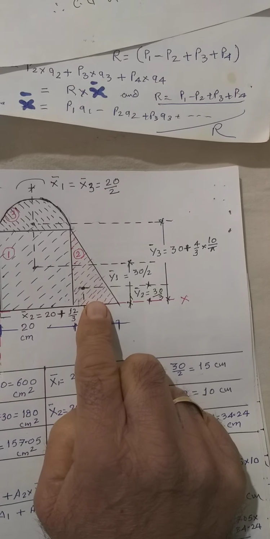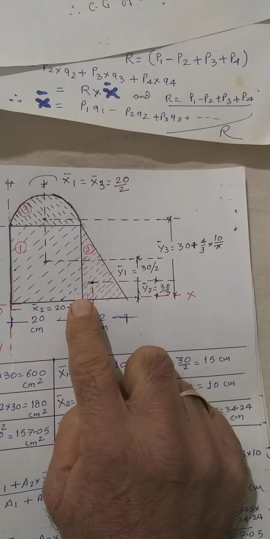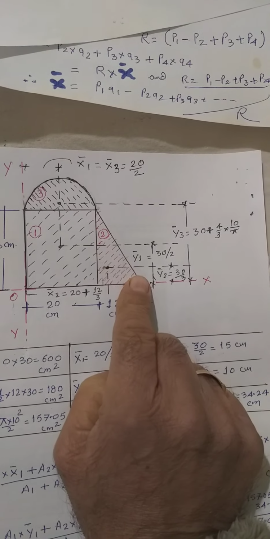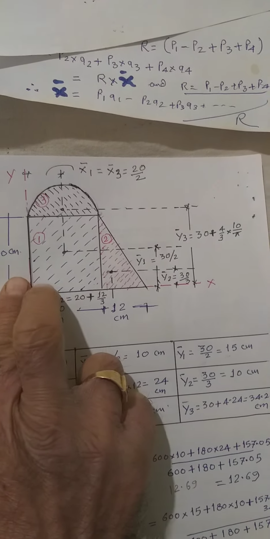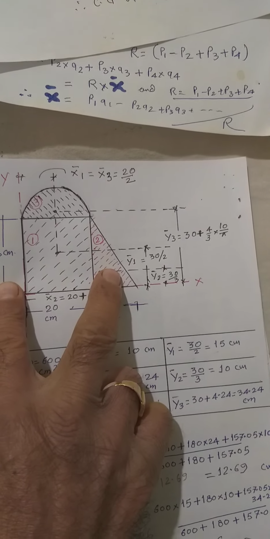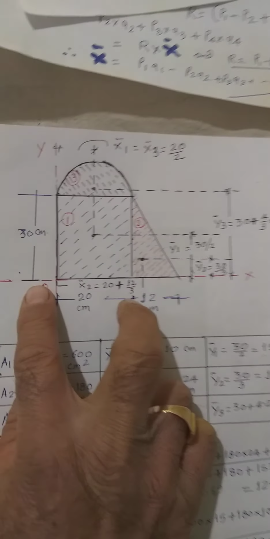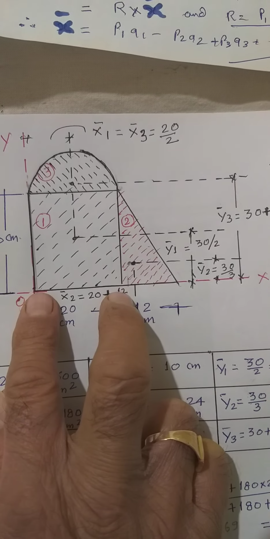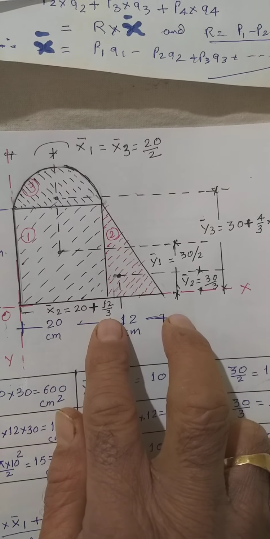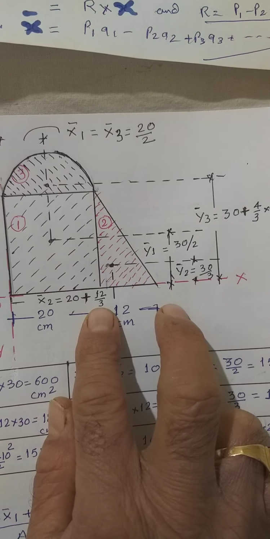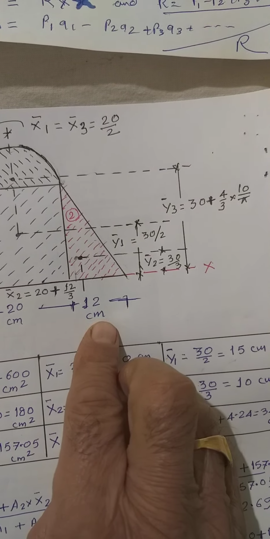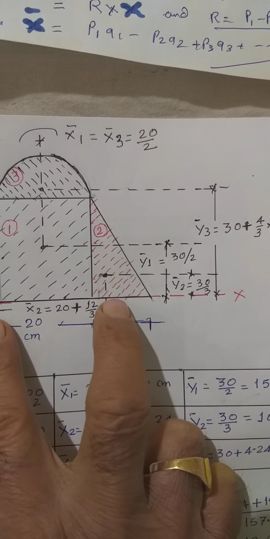Similarly, we have to find the value of X bar, the area A2, and X bar 2, which will be this distance of 20 plus 1/3 of this distance of 12, that is 20 plus 12 by 3, that is 4, that is 24.